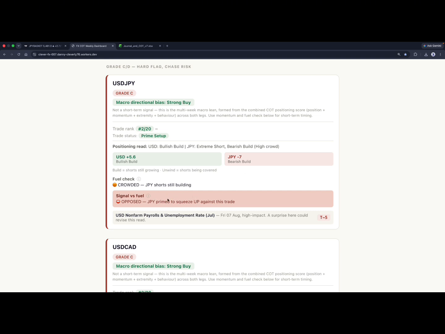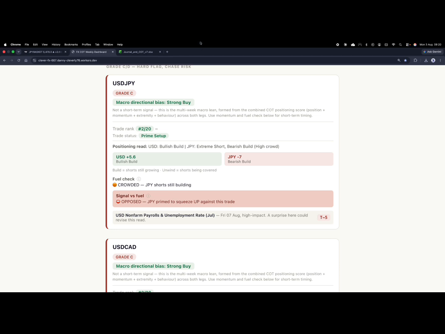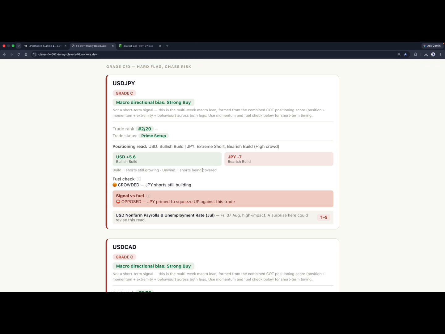Now this printed at the beginning of last week, so I think it was maybe like the 25th of July, something like that. And the direction of US dollar Japan was still very much bullish. You can see the macro direction was a strong buy.